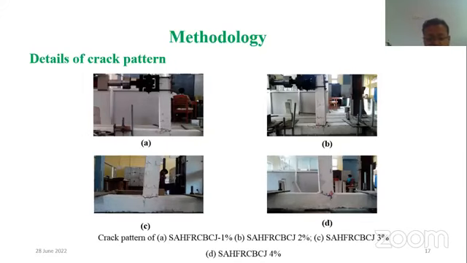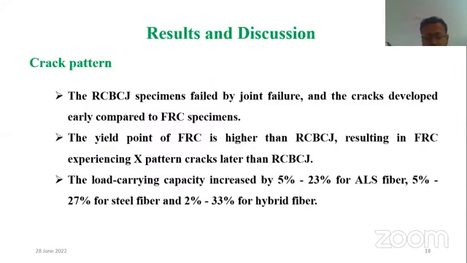That means here we have mixed steel fiber and Erica leaf sheath fiber, 50% steel fiber and 50% Erica leaf sheath fiber, and that total is mixed at percentages of 1%, 2%, 3%, and 4% in figures A, B, C, D, representing the steel Erica hybrid fiber reinforced concrete beam column joint. So these are the three variations that we have tested in the laboratory, and here we can see the crack pattern.